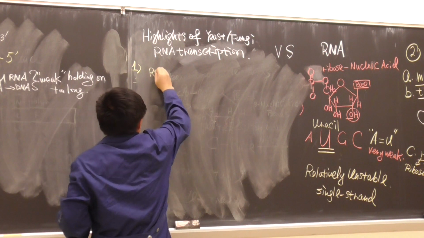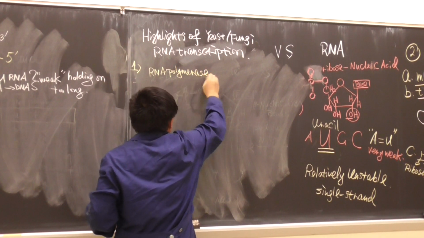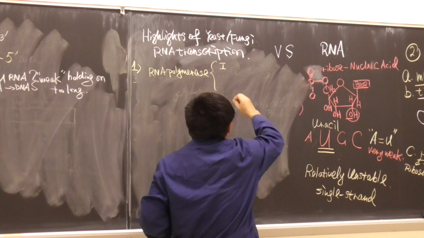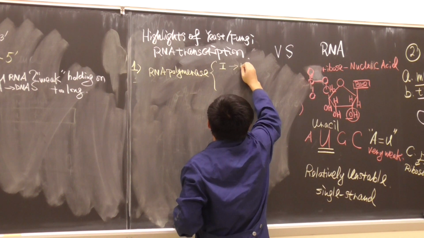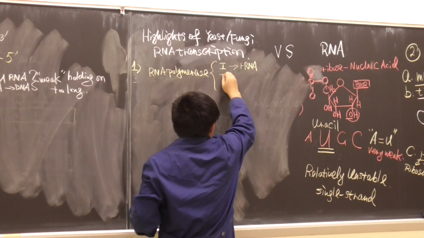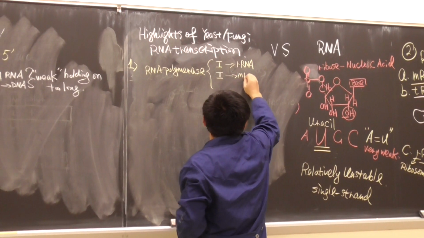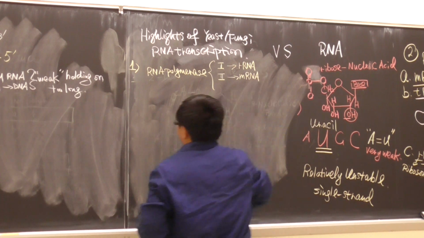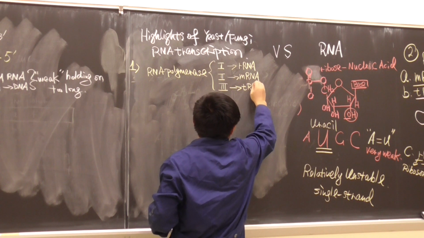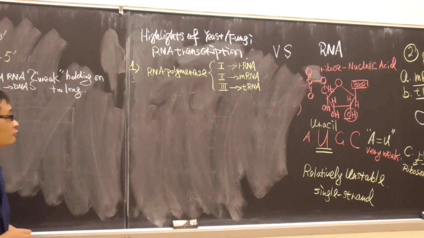So their RNA polymerase will have individual functions. RNA polymerase 1 is responsible for transcription of ribosomal RNA. RNA polymerase 2 is the same as we talked about here, transcription of messenger RNA. And RNA polymerase 3 is responsible for transfer RNA. This is the first difference, more classified, more individual function.